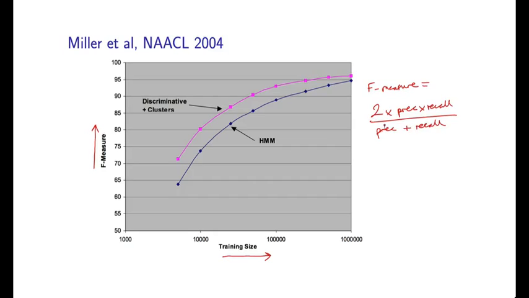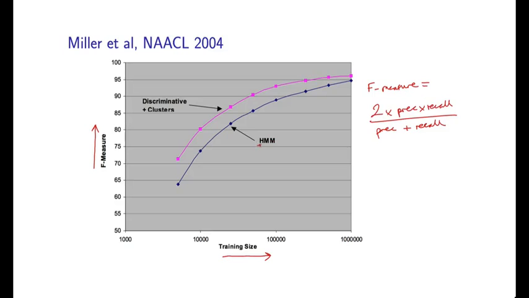You can basically just think of this as a kind of averaging of the precision and recall, where 100 is perfect performance. 85, for example, means you have roughly 85% accuracy. So it's really just a way of taking these two numbers, precision and recall, and forming a single number measuring the accuracy. So let's see what we have on this curve.